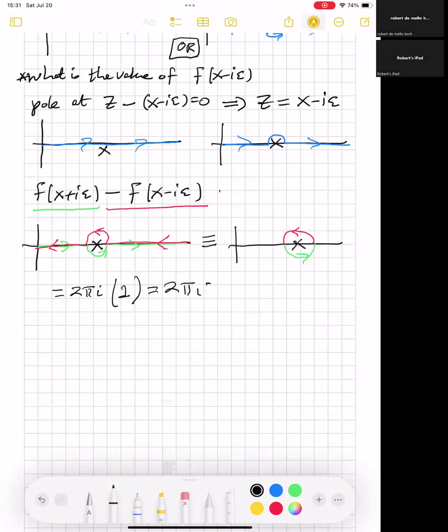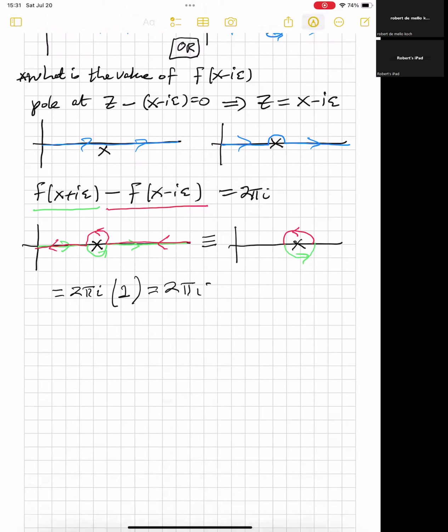So this difference of the function is 2 pi i. So what does that mean? What we have learned is this means that f of x is discontinuous across the positive real axis.